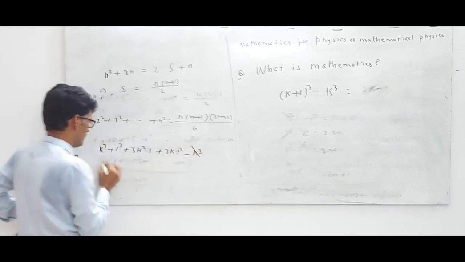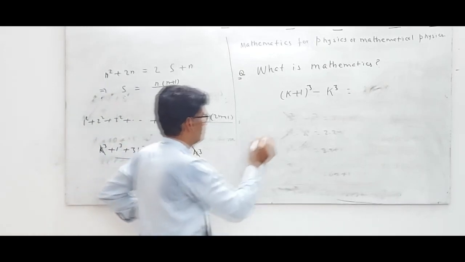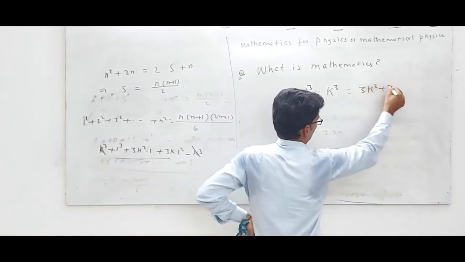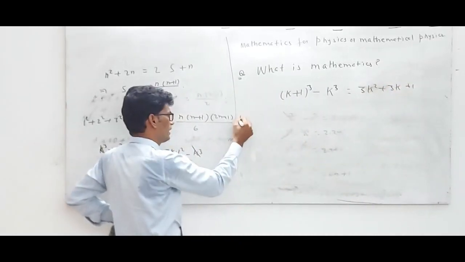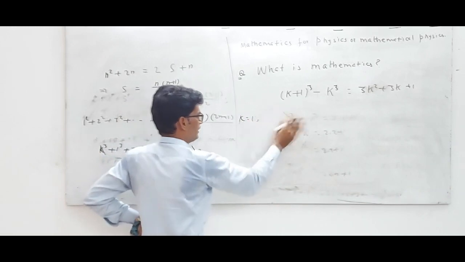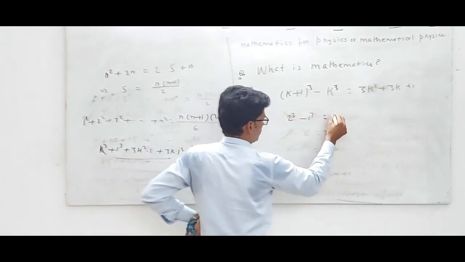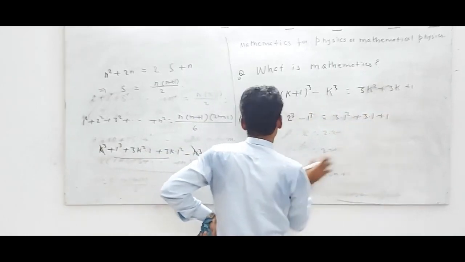K cube has been cancelled out here. So what is left? The left things we have to write on the right hand side. So here it is 3k square plus 3k plus 1. Again on the same approach, put k equal to 1. We'll get here 2 cube minus 1 cubed is equal to thrice 1 square plus thrice 1 plus 1.